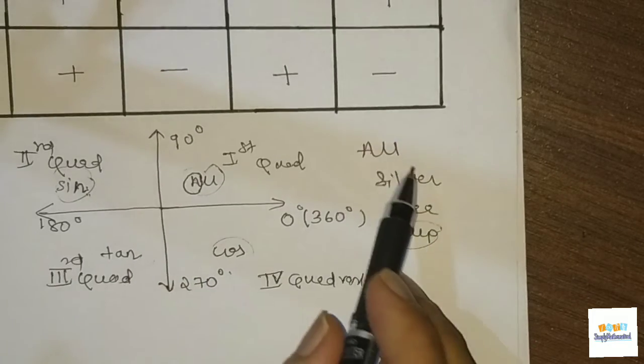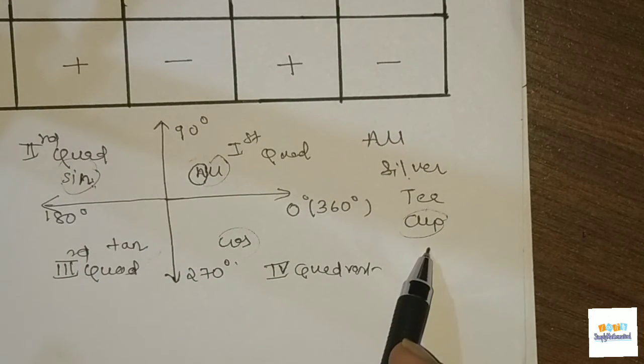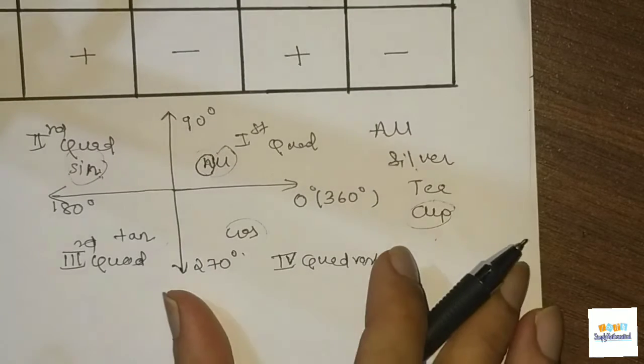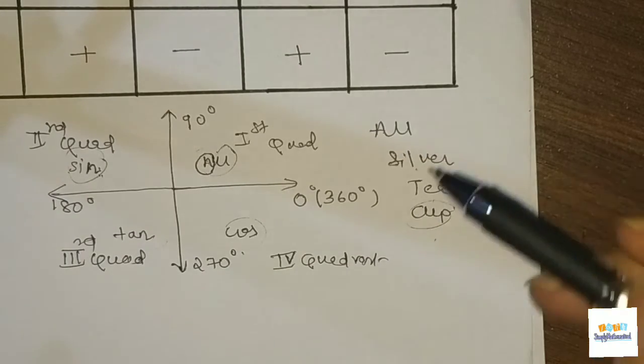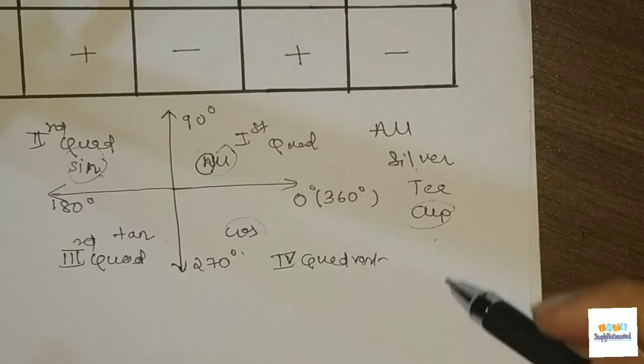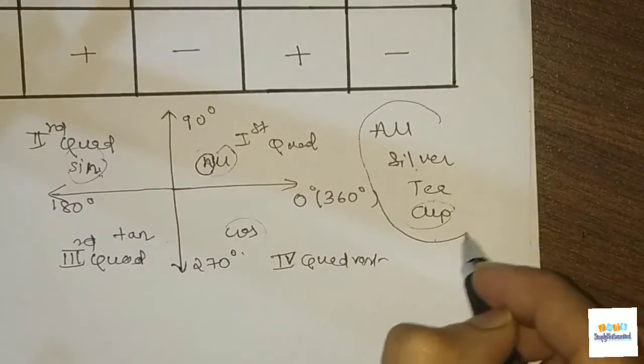So if you only remember this, all silver tea cup, you can remember all the signs. Have you understood? You only have to remember the sentence, all silver teacup. So this is important.